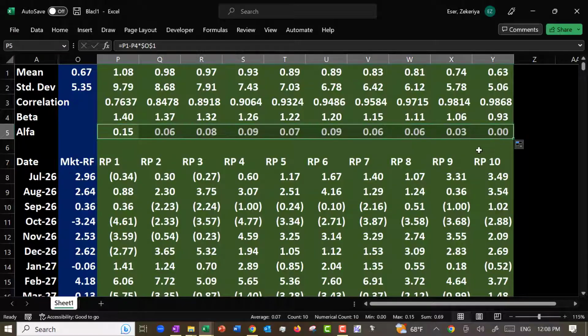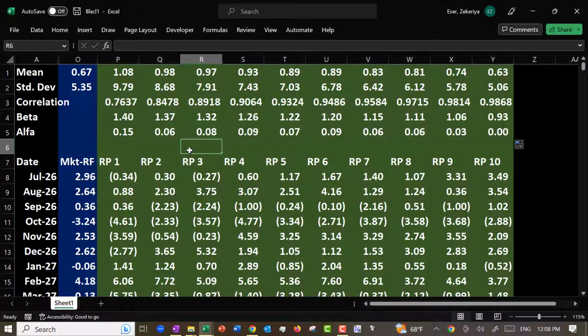Technically speaking, we would look at statistical significance for those, but I'm going to worry about economic significance.